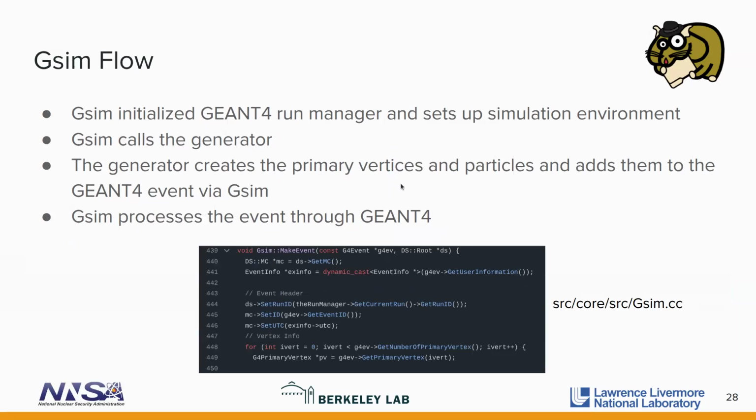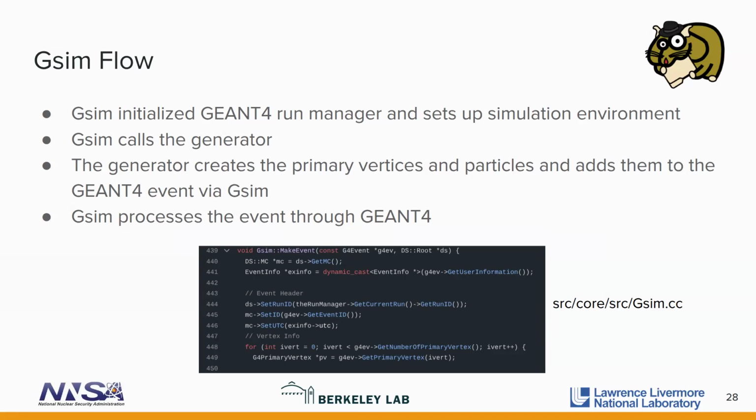Basically gsim will initialize the Geant4 run manager, set up your simulation environment, call the generator, which will produce all the vertices and particles, and add them to this Geant4 event structure. And then gsim will process the event and simulate it through Geant4.